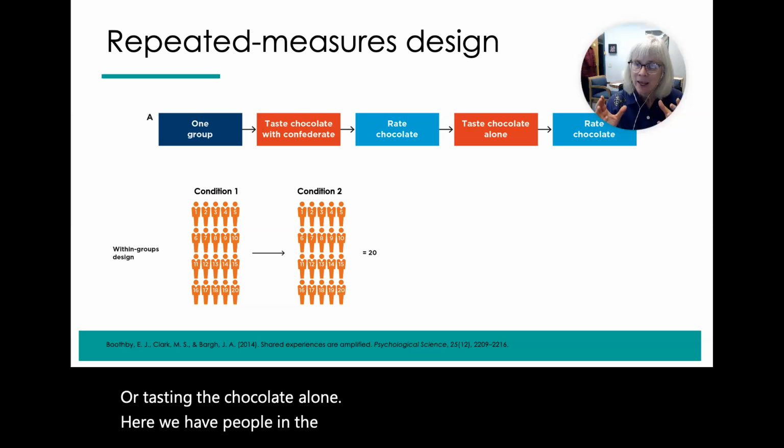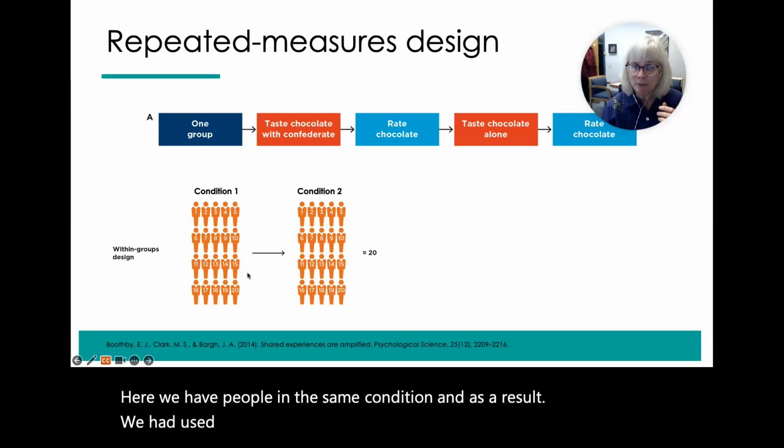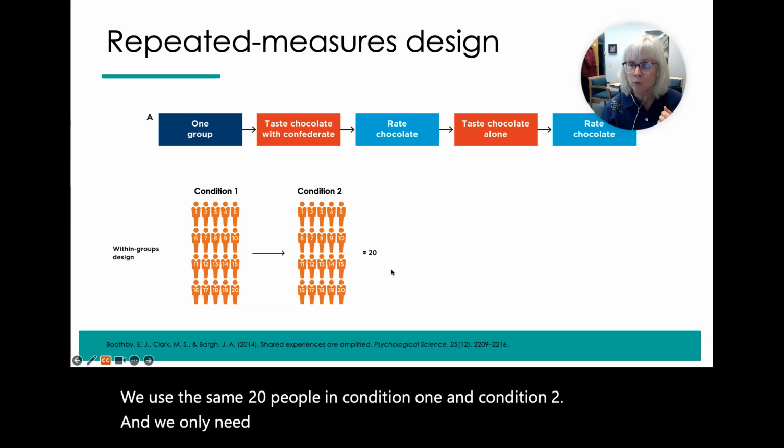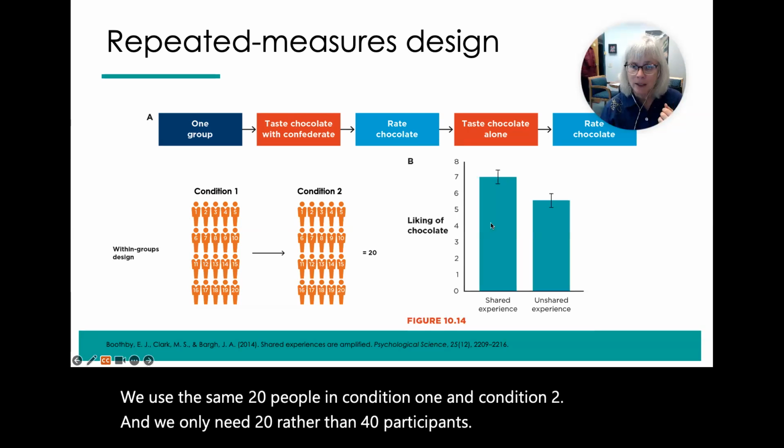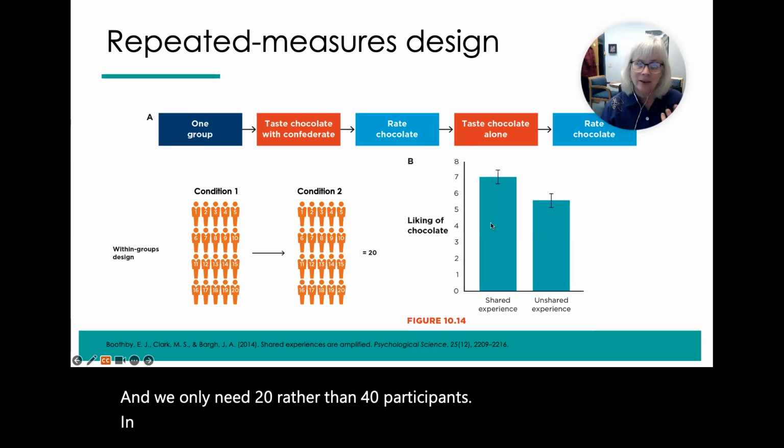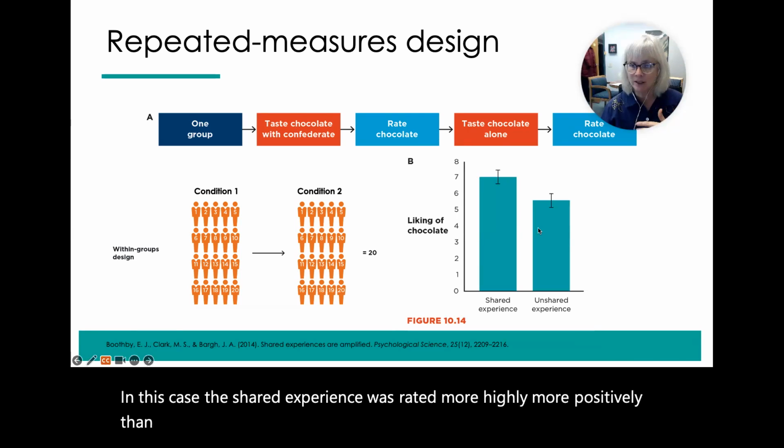And as a result, we use the same 20 people in condition 1 and condition 2, and we only need 20 rather than 40 participants. In this case, the shared experience was rated more highly, more positively than the unshared experience.